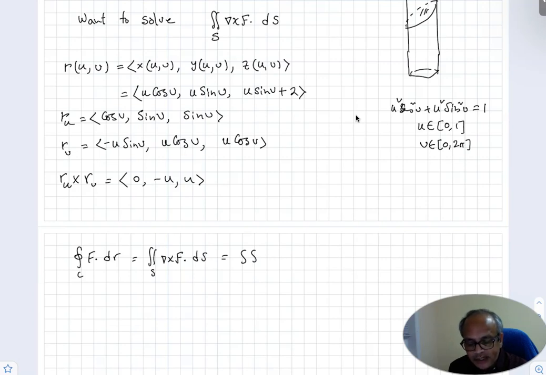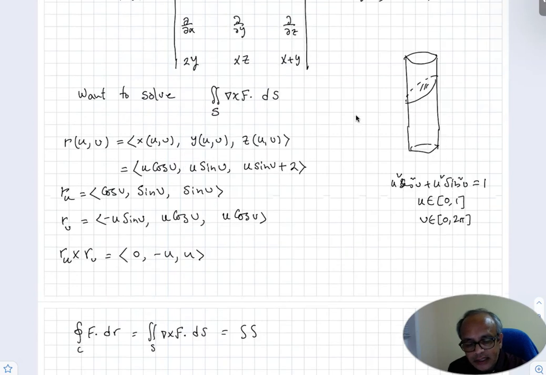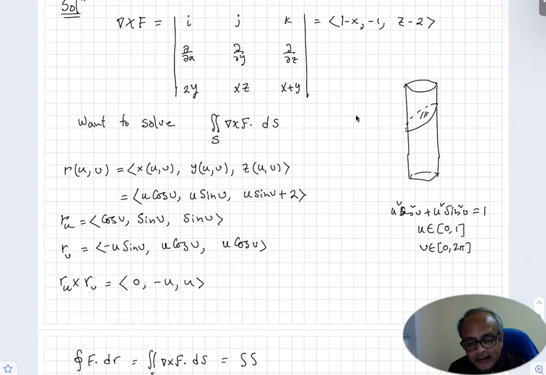The curl of F, I have calculated right here: 1 minus x, minus 1, z minus 2. x is u cos v, y is u sin v, z is u sin v plus 2, but here there is no y, so don't worry about the y.